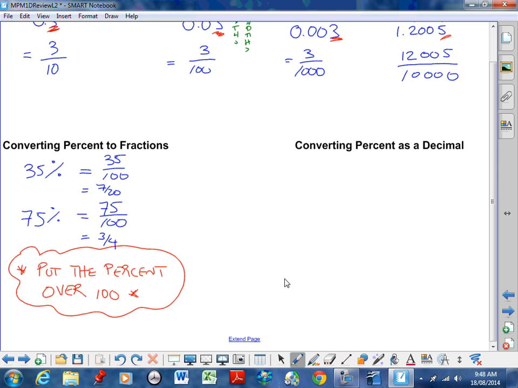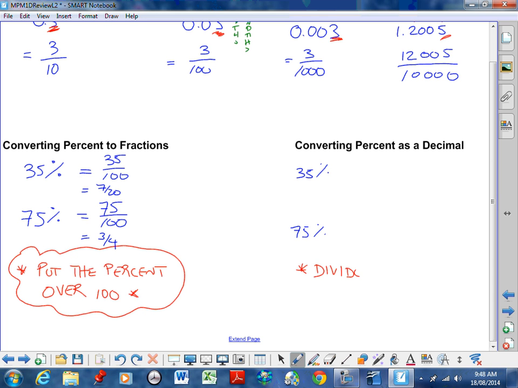Converting percent to a decimal, I'll use the same numbers. In order to convert the percent to a decimal, we simply divide the percent by 100.